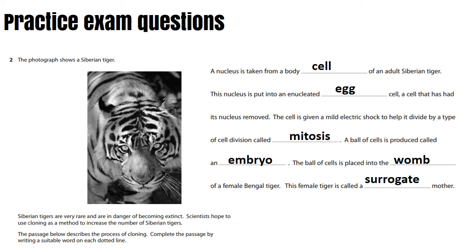The ball of cells is placed into the womb, and then the tiger is called a surrogate mother. Those two again, I would have thought you'd get all right. But just looking at this question, especially the first answer, you can see how obscure things can be worded sometimes. So I recommend keep reading this one, and when you have a spare moment, go over it again if possible.